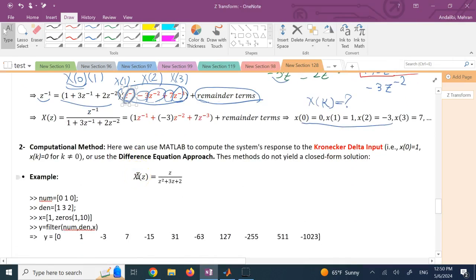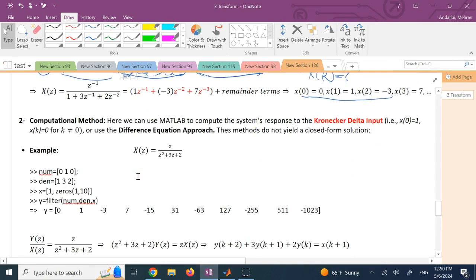Okay, so the next method, which is also not most of the time going to give you a closed form solution, is called the computational method or methods. So what is it? Here we either use MATLAB or we can do it manually by hand to calculate the response of the system to the Kronecker delta function.